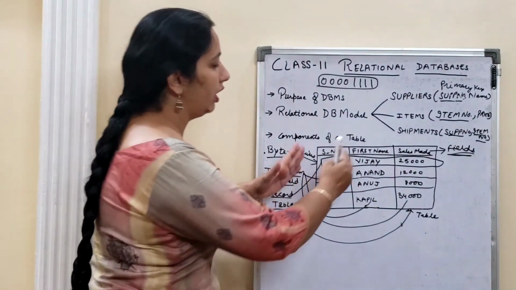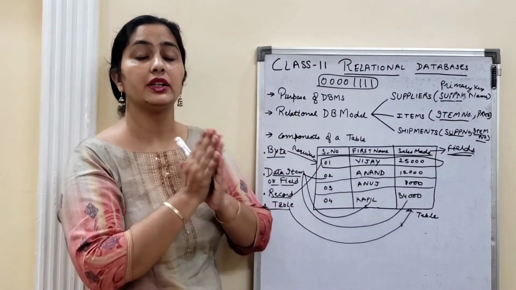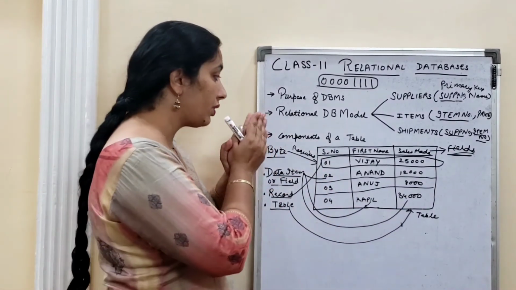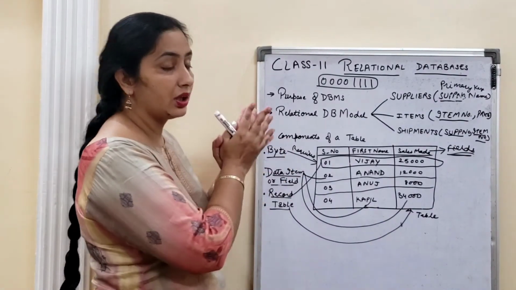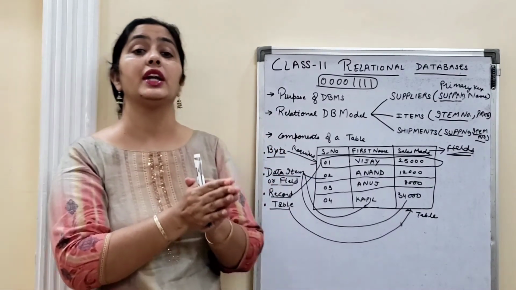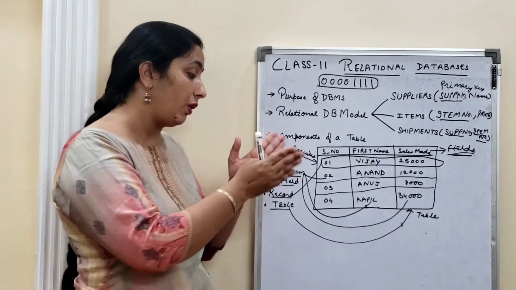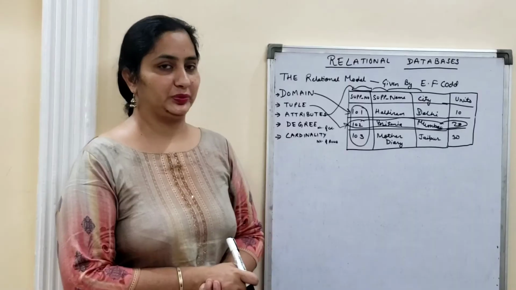Then table: all together, all these things will make one complete table. So these all are relational database model components. Whatever tables you are going to create in an RDBMS, all these components are very much necessary.